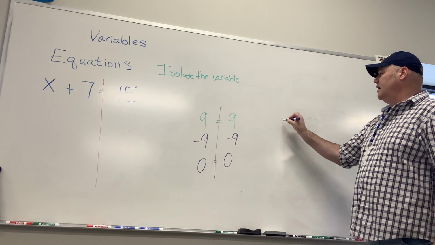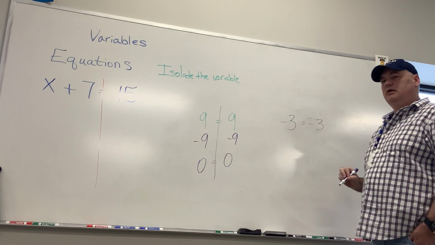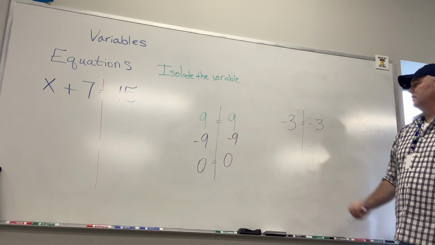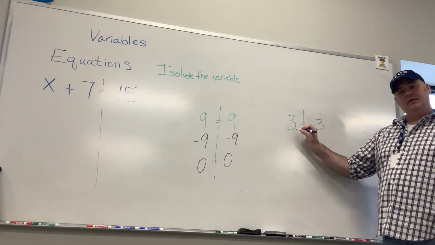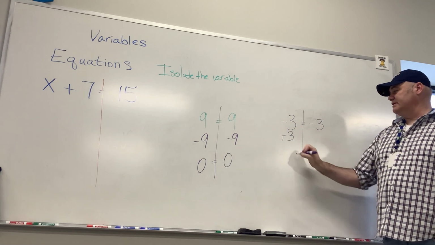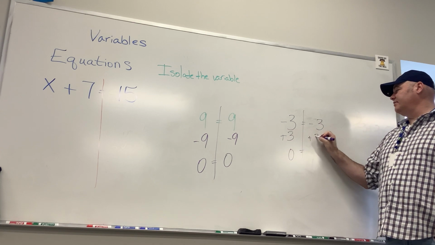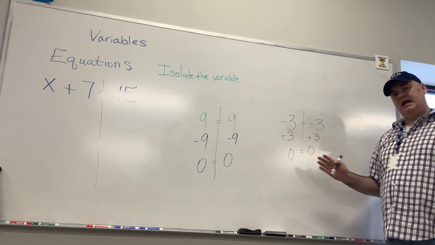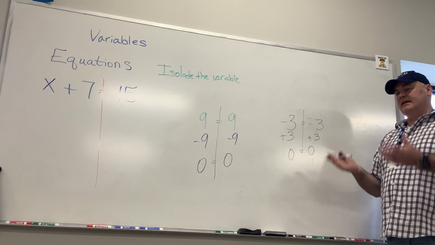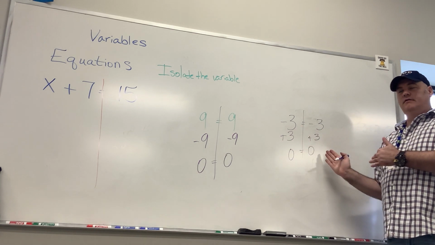Let's say I had -3 equals -3, and I've got my fence here. I want to get this to 0, so instead of taking away, I'm going to add 3, and that's going to make it 0. But if I add 3, then I need to add 3 over here, which keeps it the same. I have to balance that out. If I do something over here, I have to do the same thing over here.